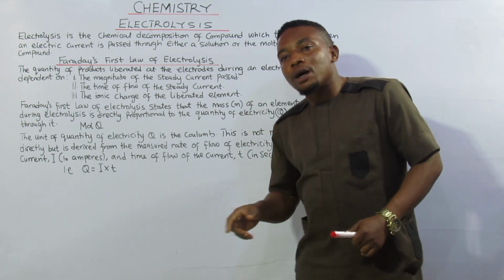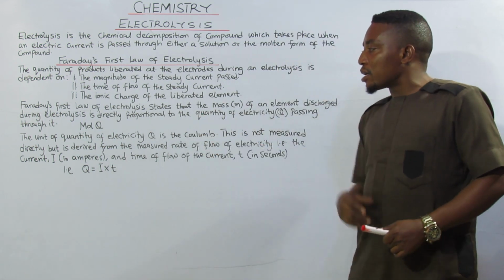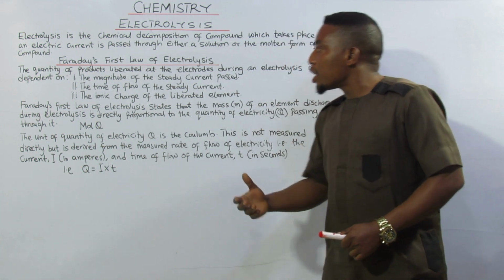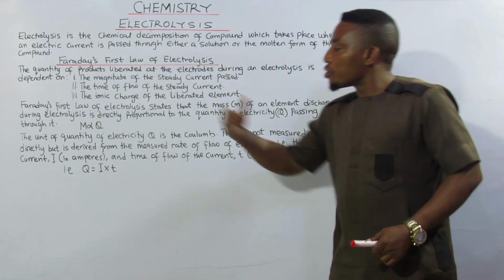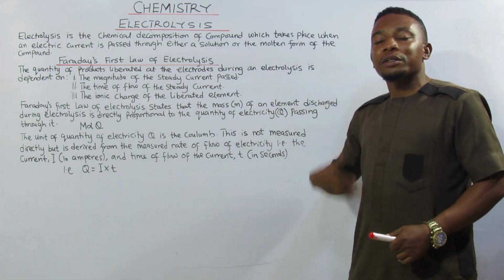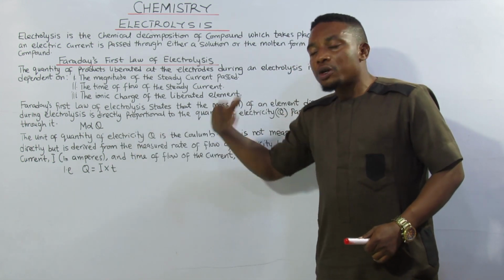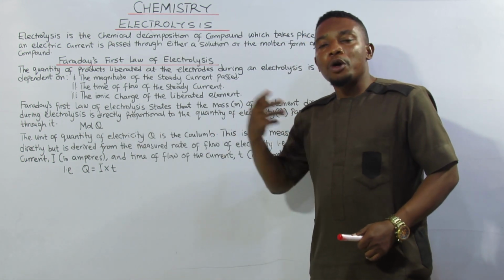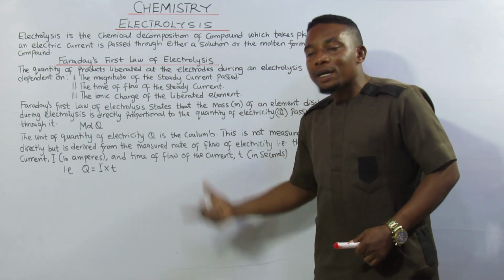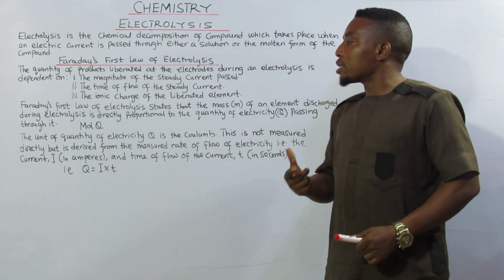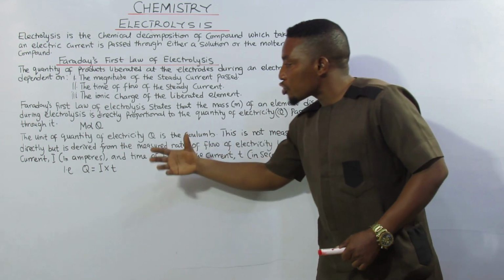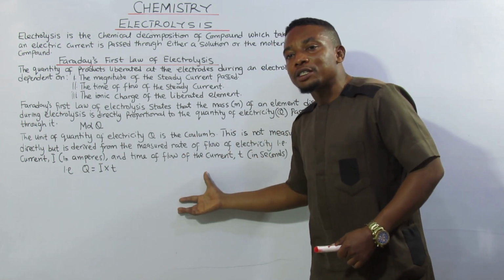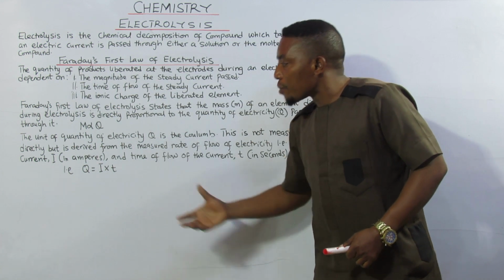And have it in mind that whenever you are asked to do any calculation or problem involving Faraday's law, you must use coulombs as a derived quantity. You must itemize them, the current and the time, and make sure you substitute any value that is given to you in the formula.